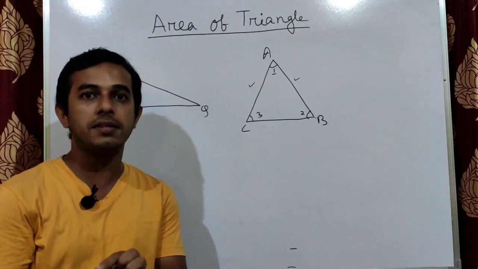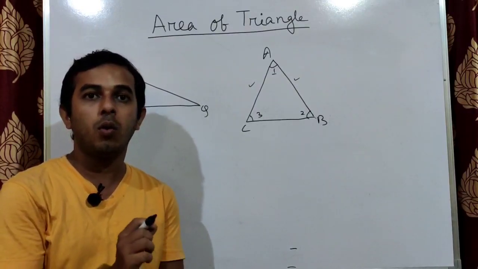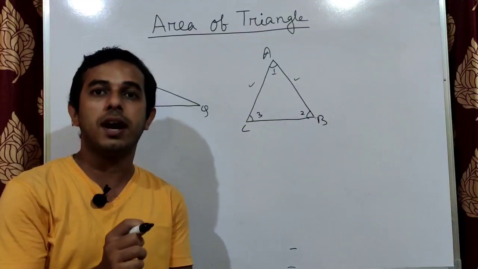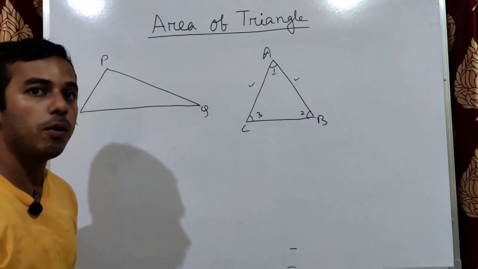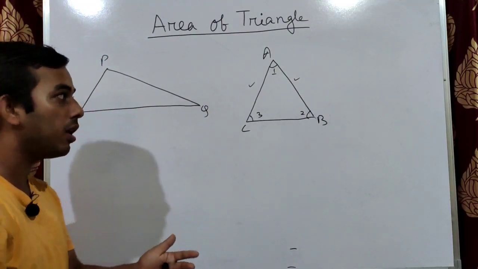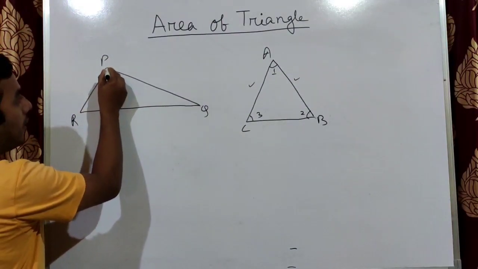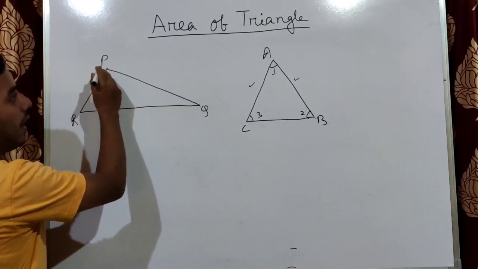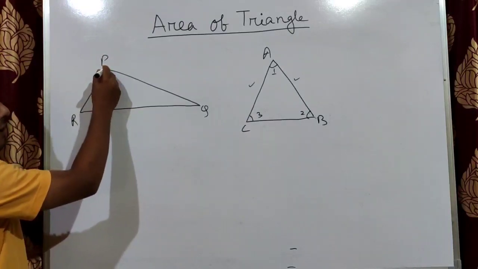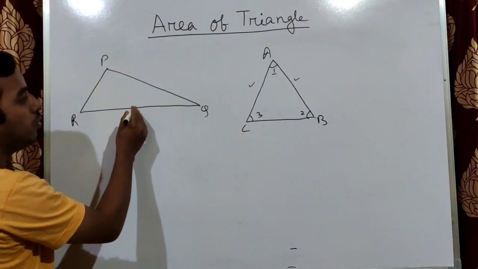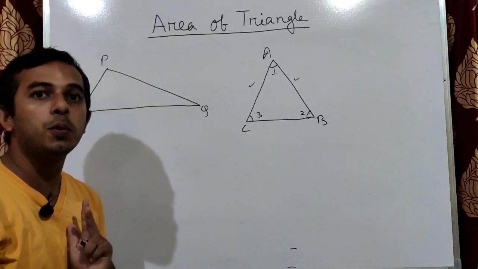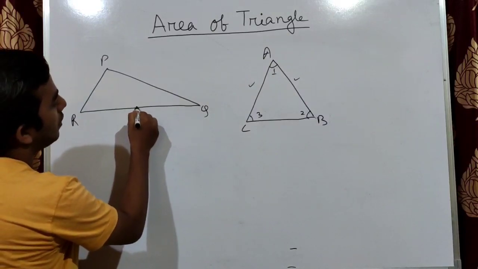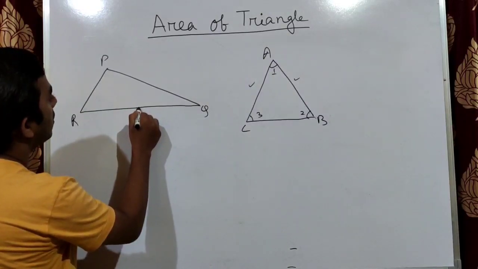When we draw a line segment from a vertex to the opposite side, vertex means corner, and there are three vertices in a triangle. Now if I draw one line segment from vertex P to the middle of the opposite side, it is known as a median. Clear? This point will be the middle of RQ, right?